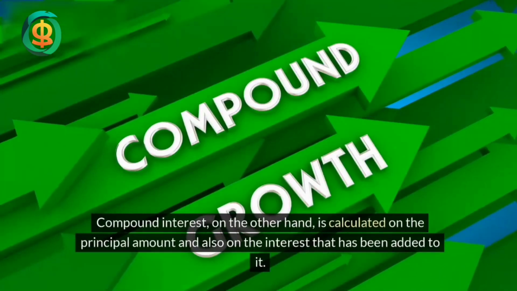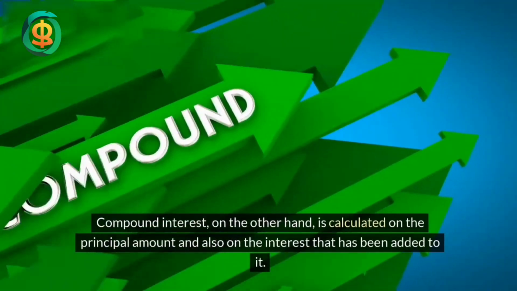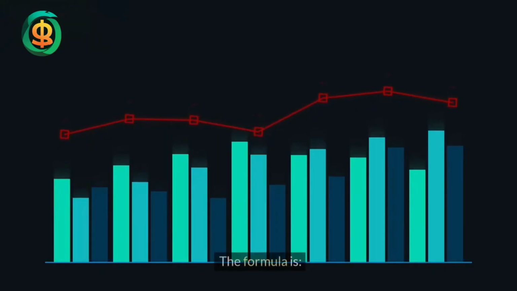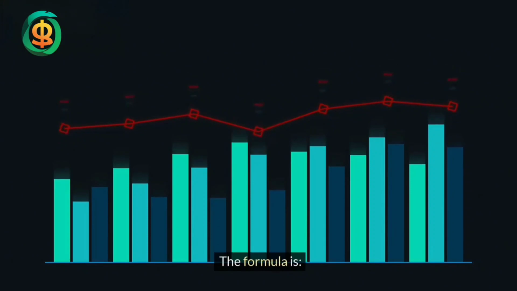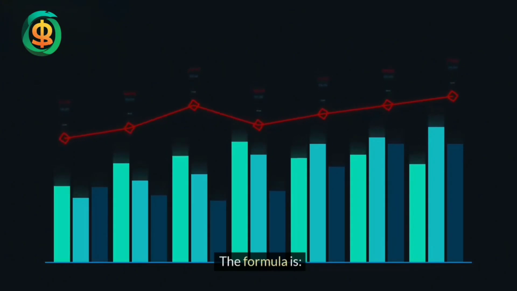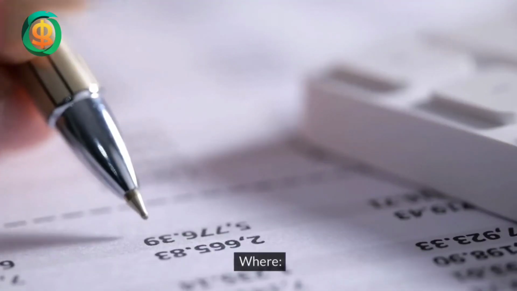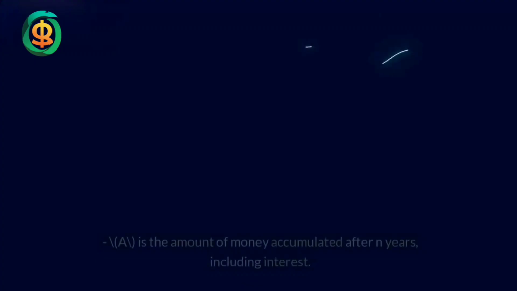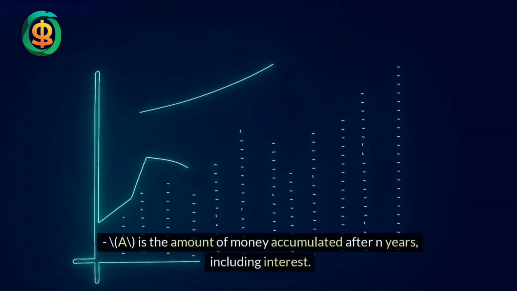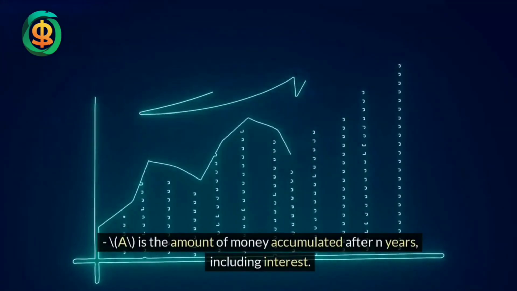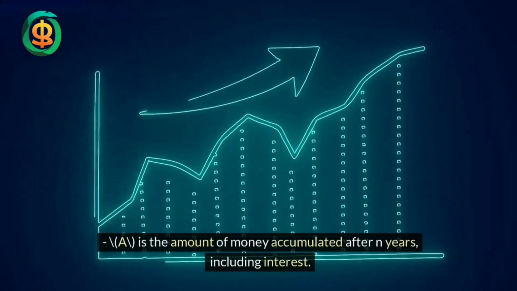The formula is A equals P times (1 plus r over n) to the power of n times t, where A is the amount of money accumulated after t years, including interest.